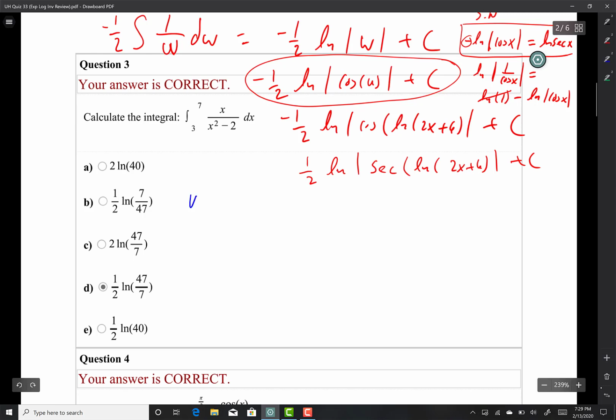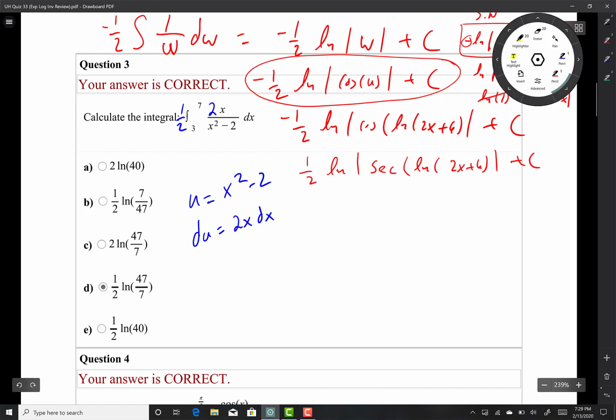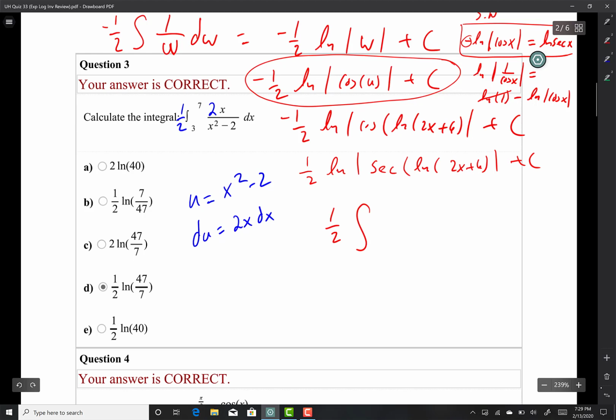U equals x squared minus 2. du equals 2x dx. Put a 2 in there, put a half on the outside to balance, and here we go. So write 1/2 integral 2x dx is du, so 1 over u du. Now I need new limits.